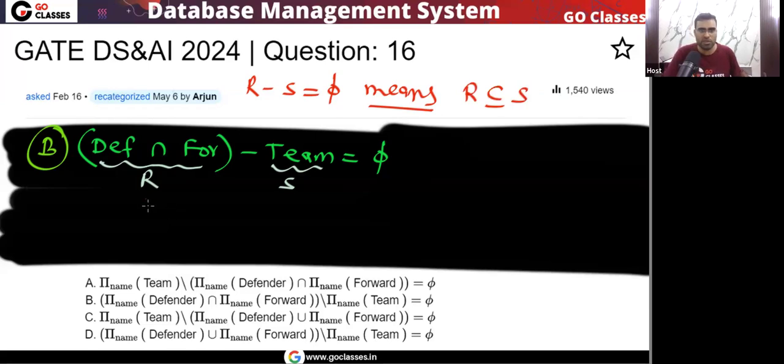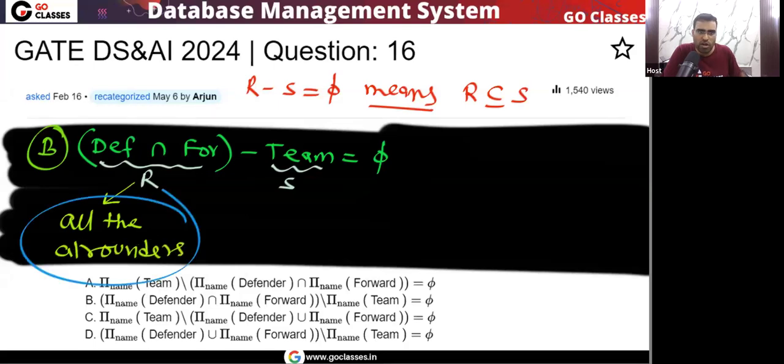Yes or no? So remember, these are the all-rounders. Do you agree with me? The intersection means all-rounders. Can I say these are all the all-rounders?